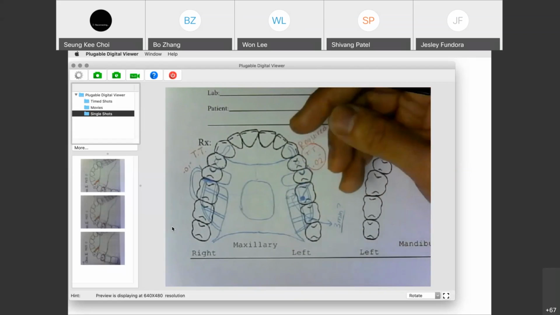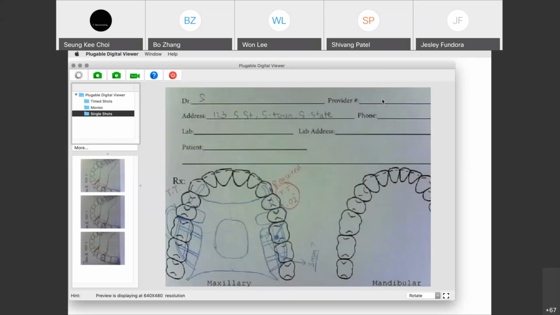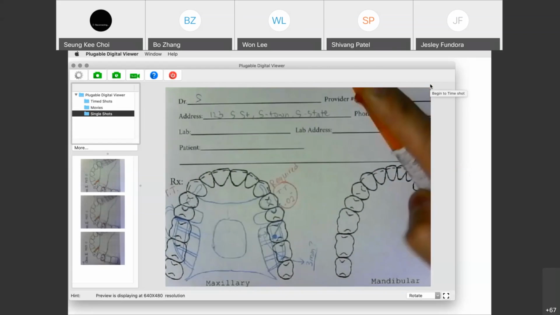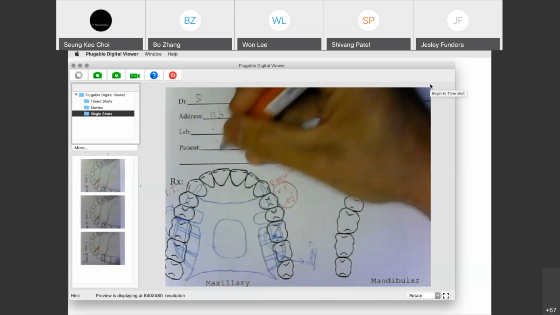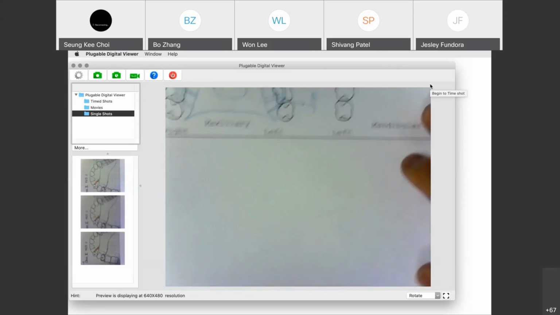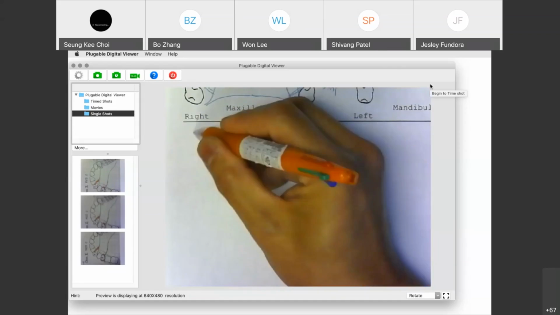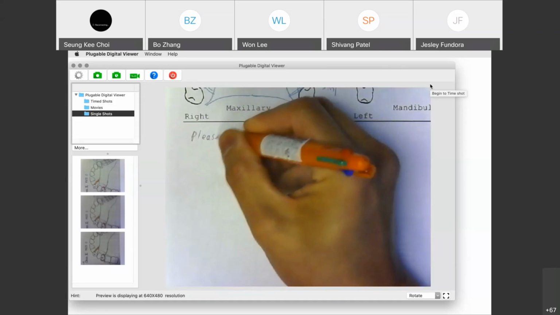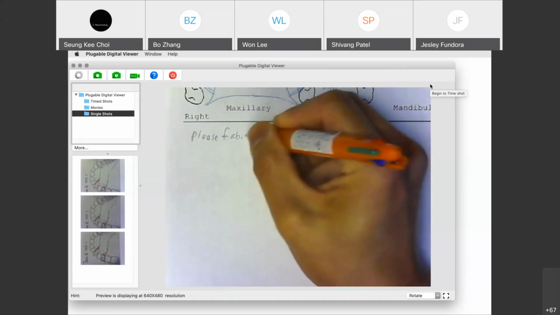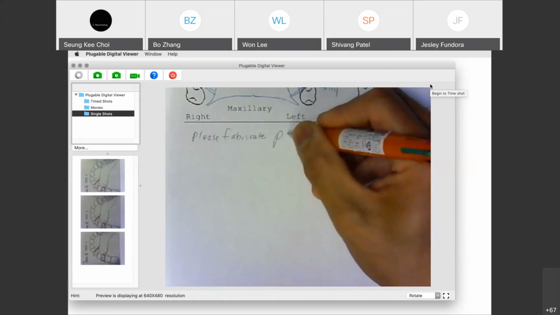Yeah. I need to keep going because I'm afraid we're going to run out of time. It's already 4. Is everyone doing okay here? So imagine this was all filled out, nothing empty. Okay, we got to get to the writing part of it. What you all need to write is please fabricate maxillary partial framework.